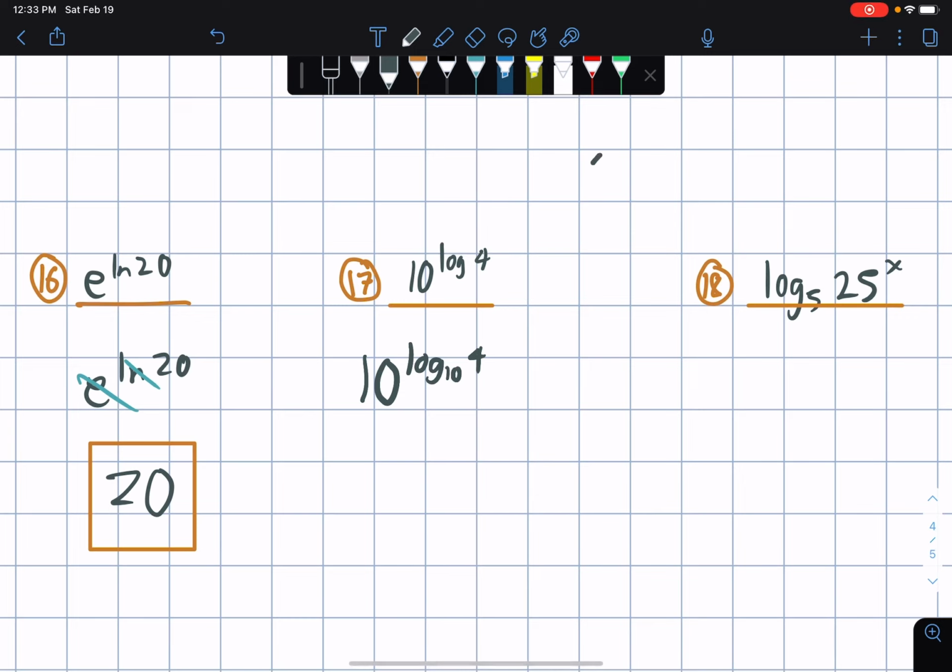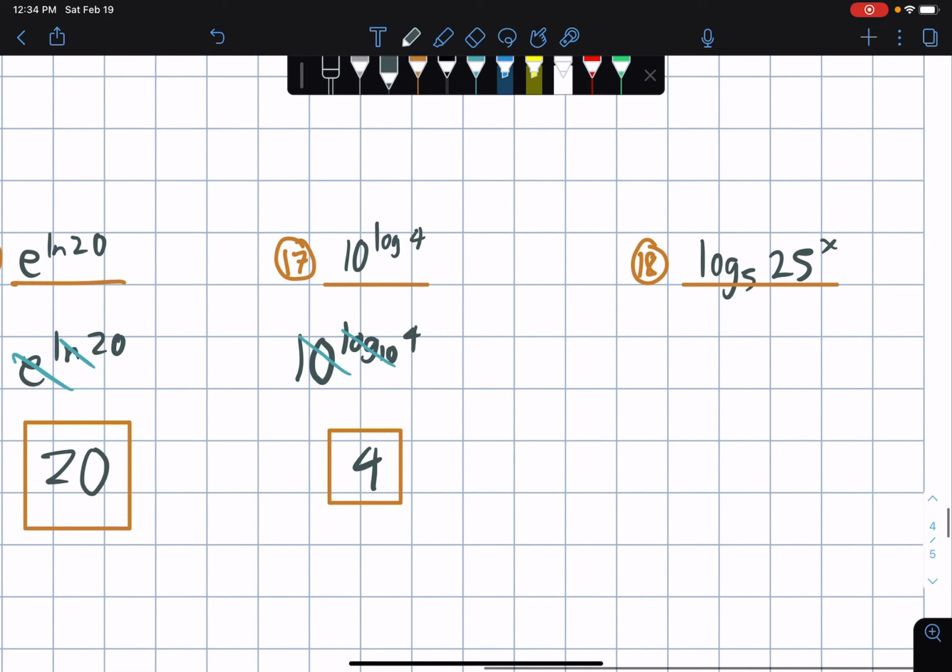Just like knowing that any number will always be raised to positive 1, for example, 72 is equivalent to 72 raised to 1, regardless of the circumstance. In this situation, for log, the default is always 10, unless there's a stated base otherwise. But in this case, it's not that. So with this in mind, we can now cancel 10 and log sub 10. Our answer is 4.